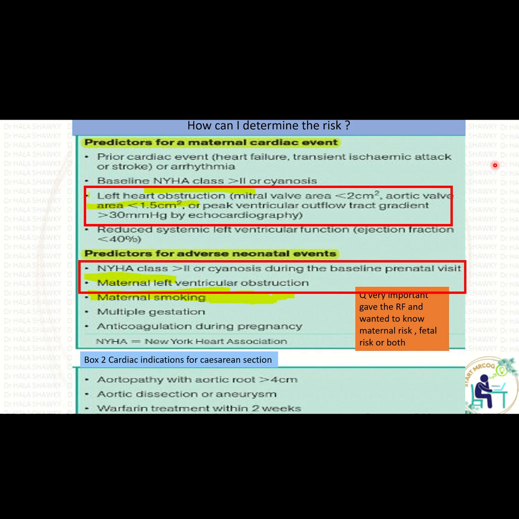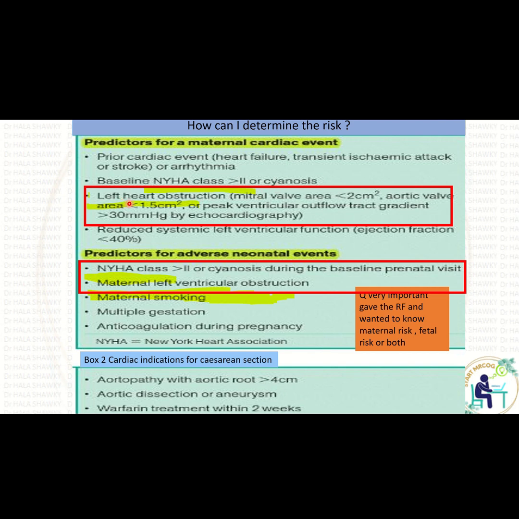We have some predictors for bad outcome in the patient, in maternal cardiac events or baby events, and adverse neonatal events. And we also have indications for cesarean section. You need to be aware of this slide from the TOG article. That's why it is very important to evaluate her cardiac state: if she previously had any heart failure, admission to special care, and her NYHA class, because a class more than 2 or cyanosis is risky.